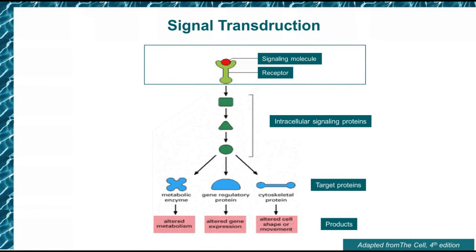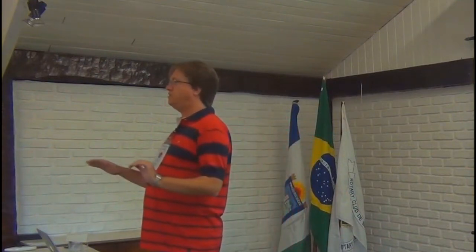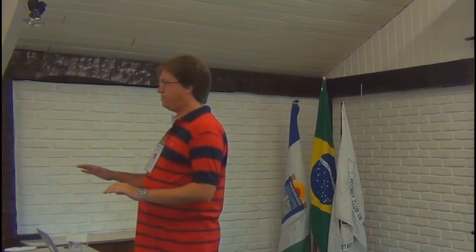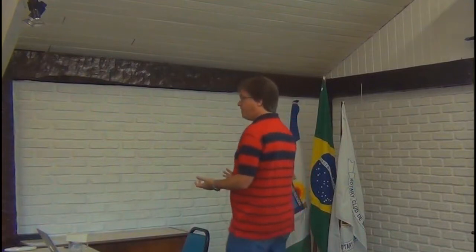For signal transduction, we have a very easy structure. We need a receptor, we need a signal molecule, we need proteins that are involved in the answer, and we will have products that are very famous, like the second messengers, that are molecules that in normal situation are quite absent in the majority of the cells, but when they are triggered, their concentration raises very fast.